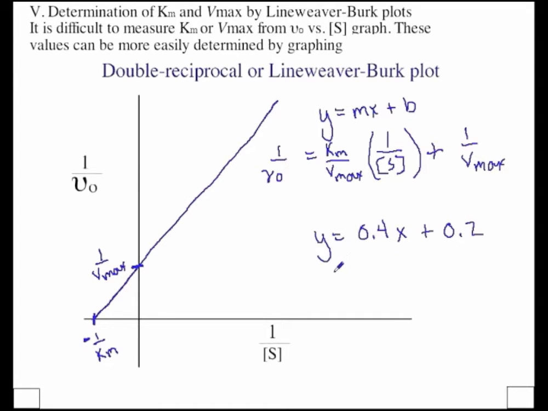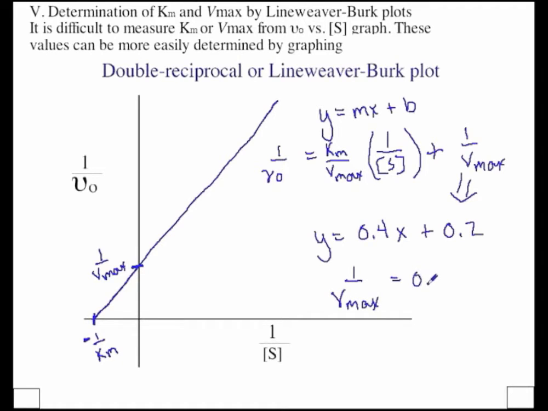One way that you could do it is just by using what you know from this equation. So you could just say, oh, I see that 1 over Vmax equals 0.2.